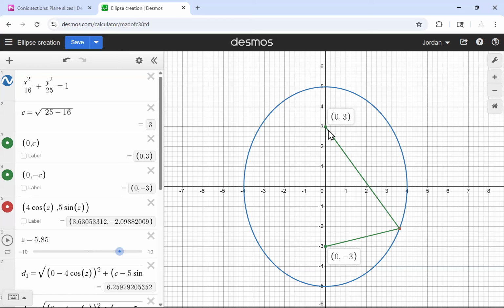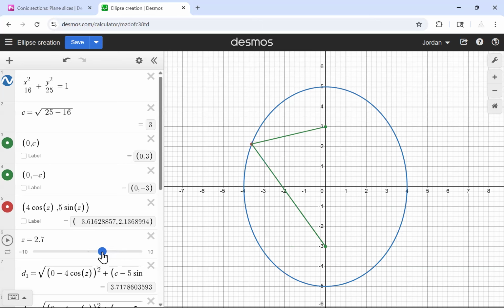If you look at the distance from the first focus to a point on the ellipse, and then look at the second focus and calculate the distance from the second focus to the point on the ellipse, when the point on the ellipse changes, these two distances are going to change.